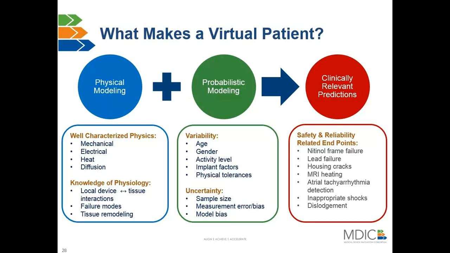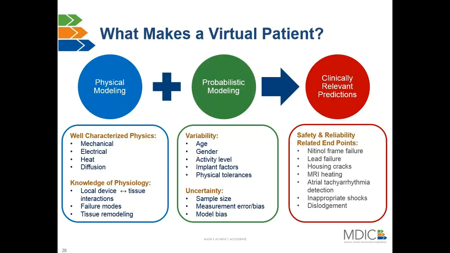But one of the really amazing things about a clinical trial, at least as a statistician, I really appreciate a clinical trial, is it really brings together all of those uncertainties related to patient demographics, ages of patients, all of these factors that create this natural variation. And it also incorporates uncertainties in terms of sample sizes and biases.